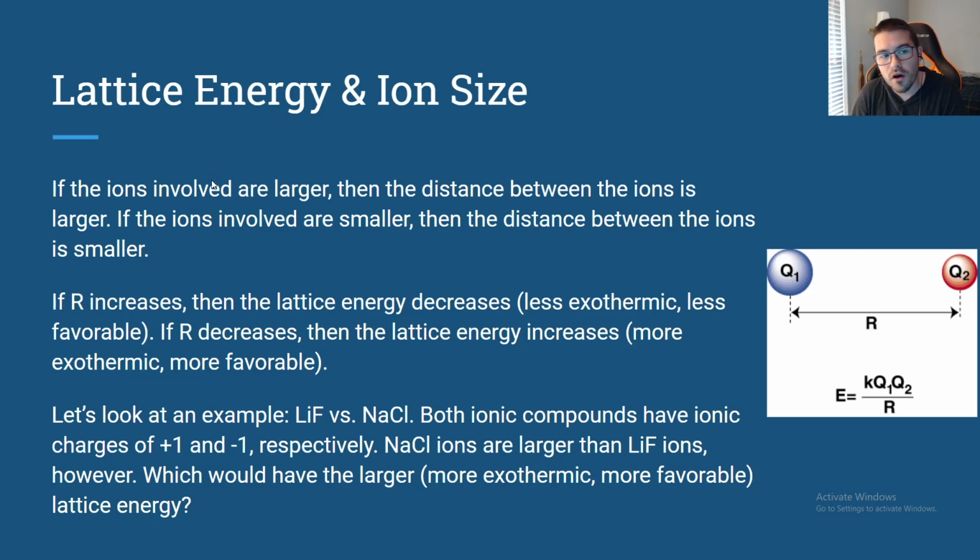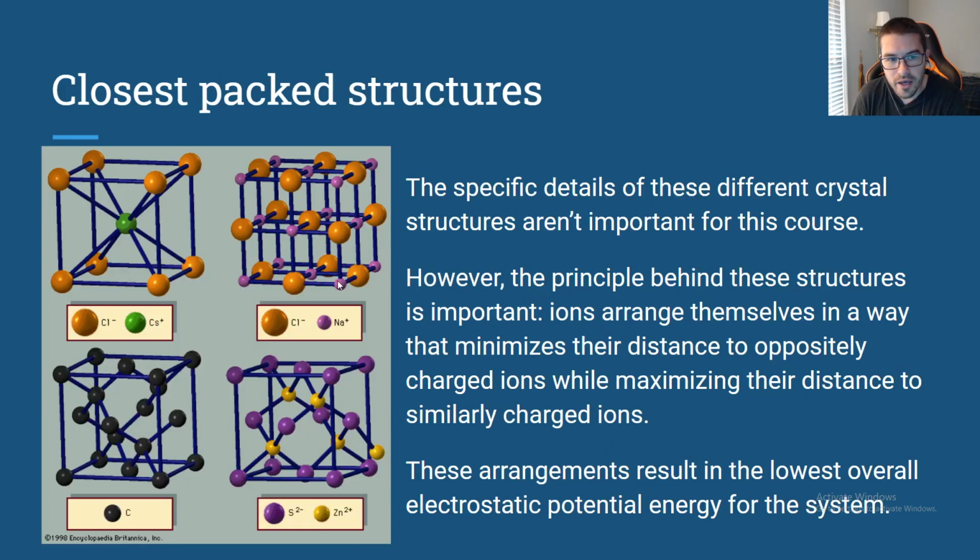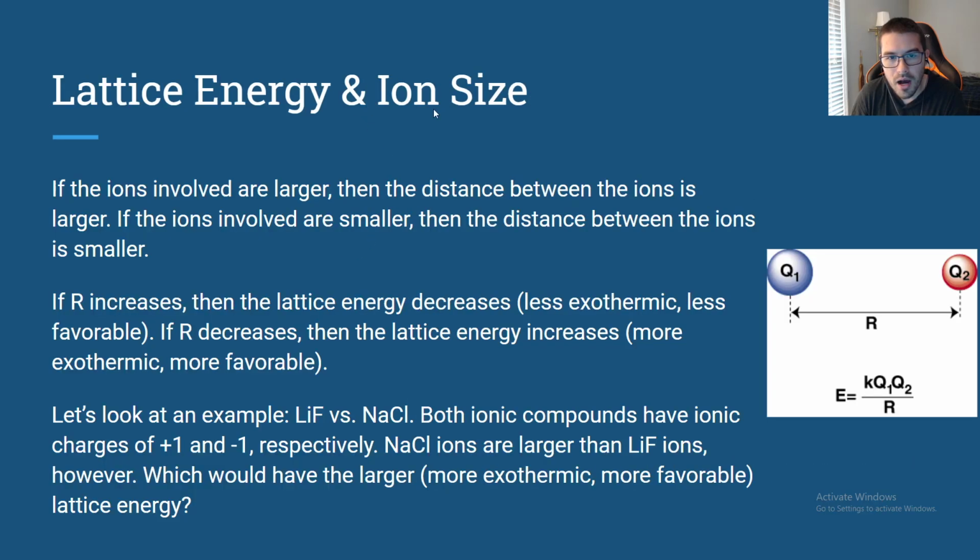I wanted to talk a little bit more about how the sizes of ions and the charges of ions can affect lattice energy. I'm just going to mention this one more time and then the video will be done. When you're looking at a closest packed structure, ion size can strongly influence the lattice energy, or the amount of energy that's released when the ionic solid is formed.